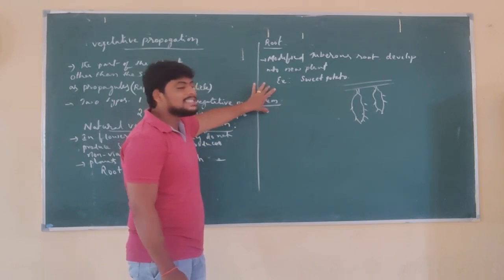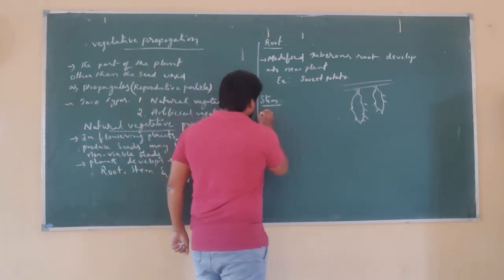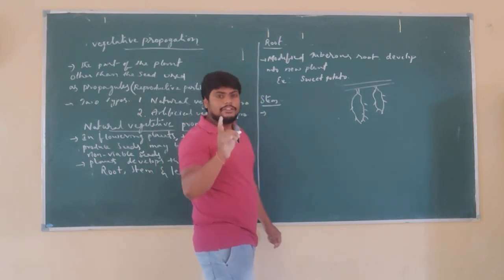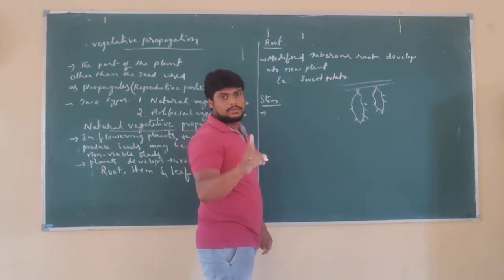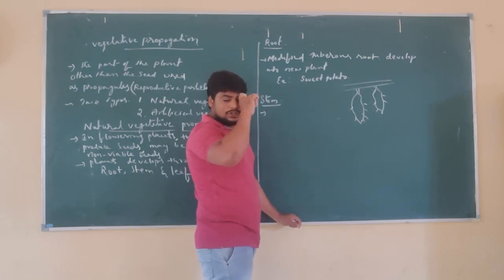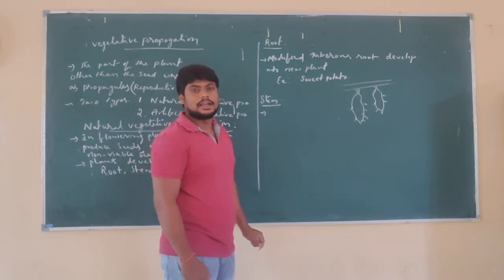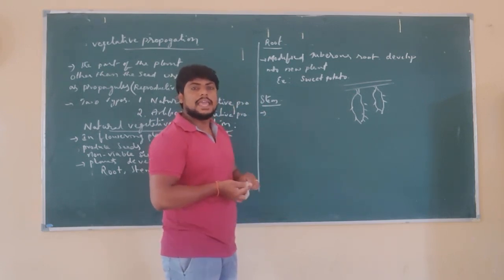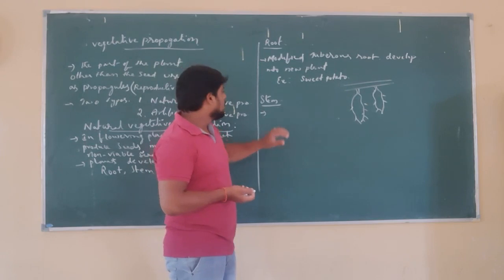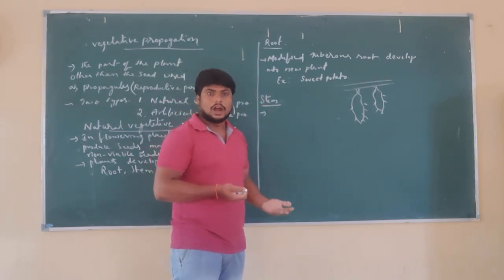So in the case of the stem, what is happening here? The modified underground stem. Usually the stem grows above the soil, that is what generally occurs. Whereas in some plants, the stem grows under the soil or under the ground.